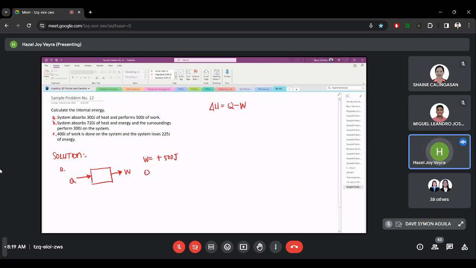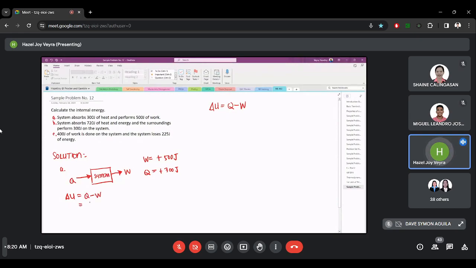And then the heat is absorbed by the system. May inabsorb si system. Ito yung system natin. May inabsorb si system na heat. So your Q is positive, negative? Correct. Positive. So this is positive 300 joules. So pag pinakompute tayo ng change in internal energy, this will be Q minus W, no?